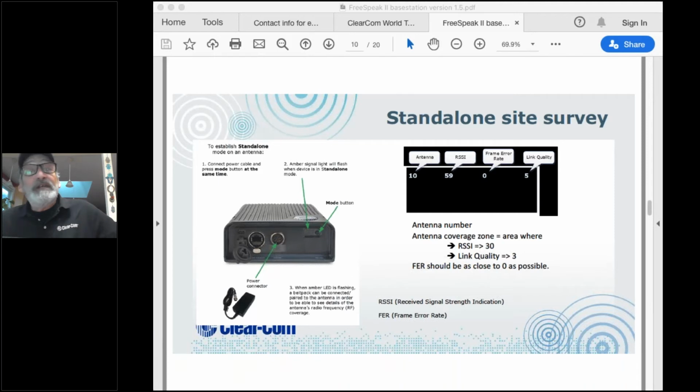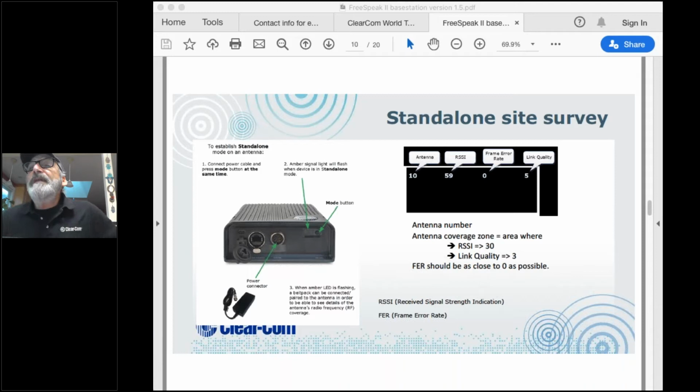It takes golden ears to hear the difference, to be honest with you. But there is a slight difference. However, it's definitely worth it. And the reason for that extra latency is because there's more processing going on. It has to go through an additional processor, which of course is going to add more latency.